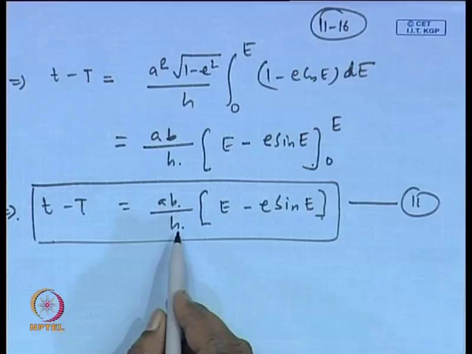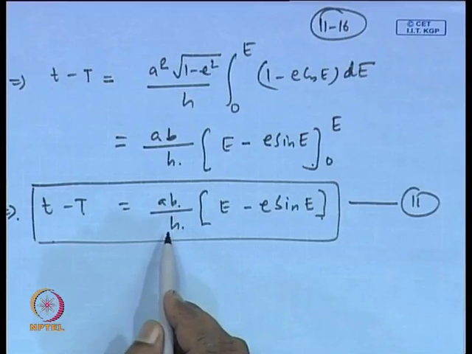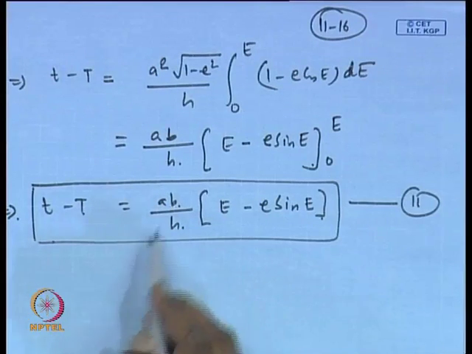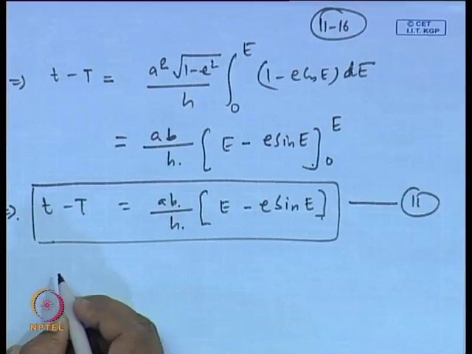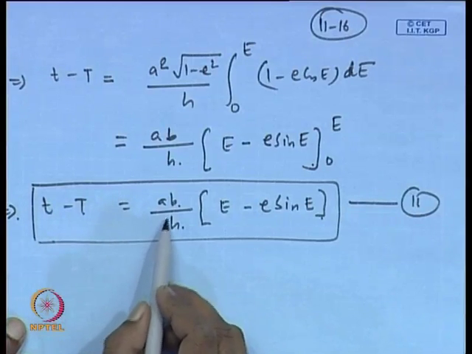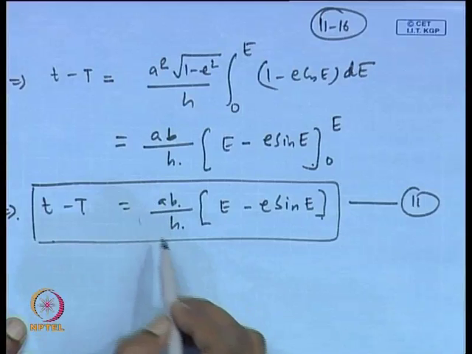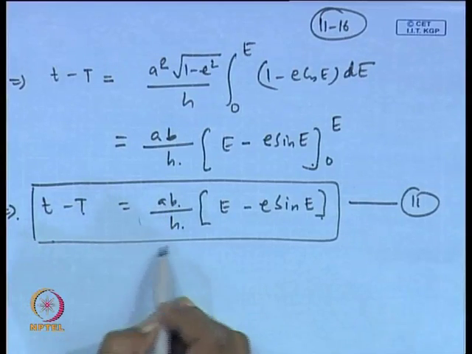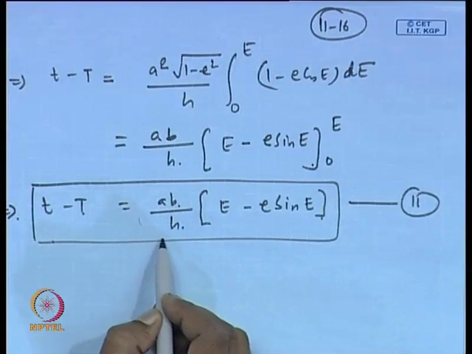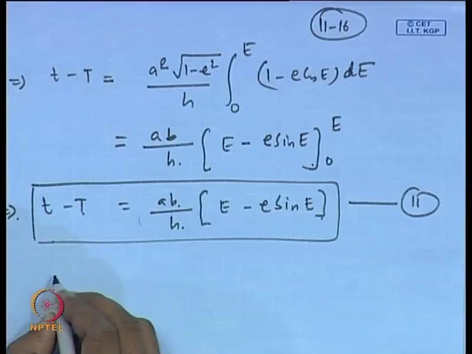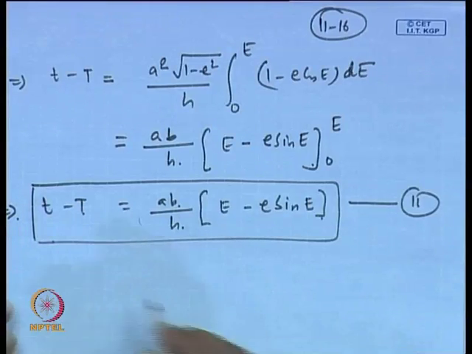Now, this equation can be simplified a little bit more, because we know this term can be replaced in terms of the orbital period, the mean orbital period. So, if we do that simplification, we define one quantity which we call the mean anomaly.